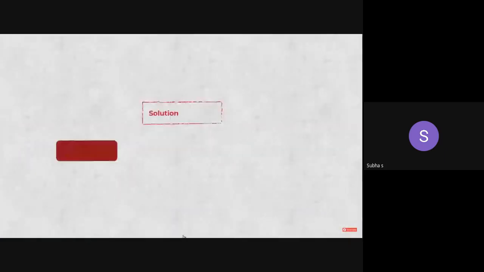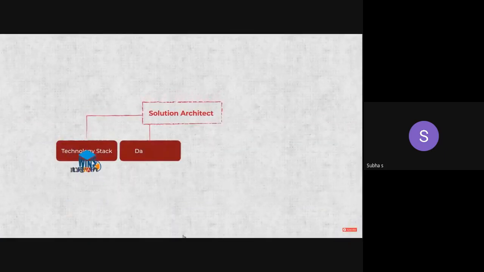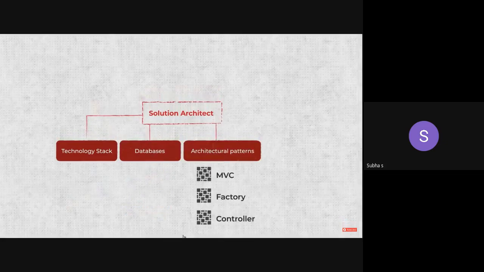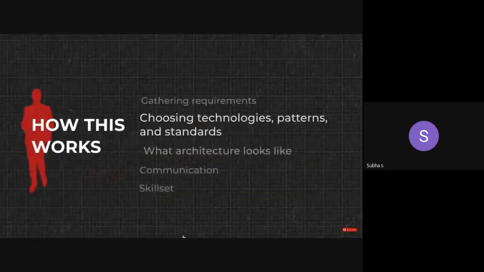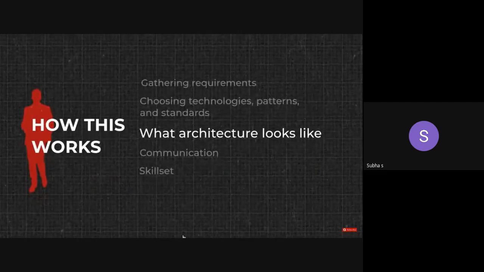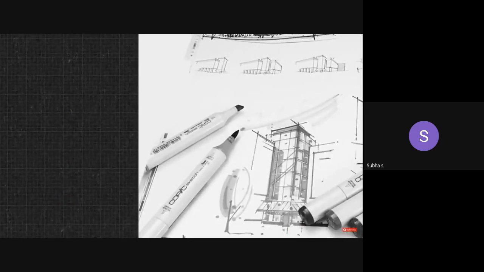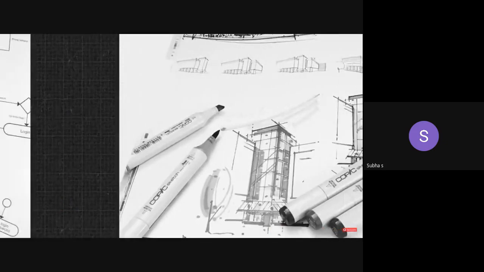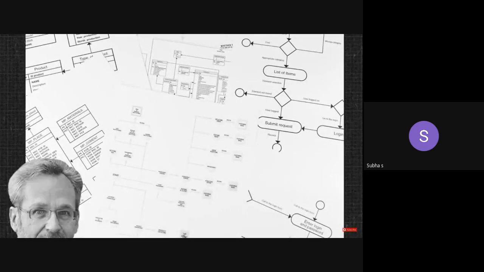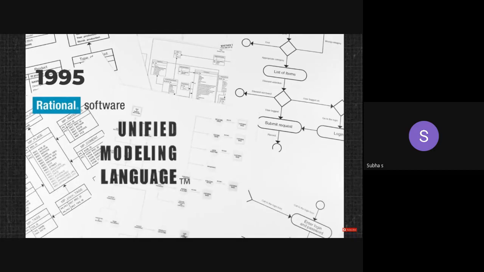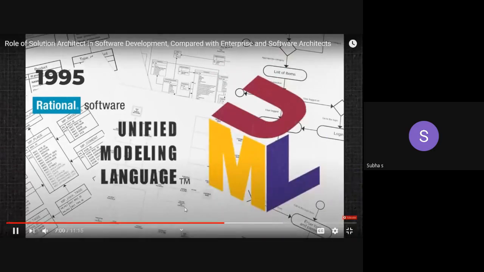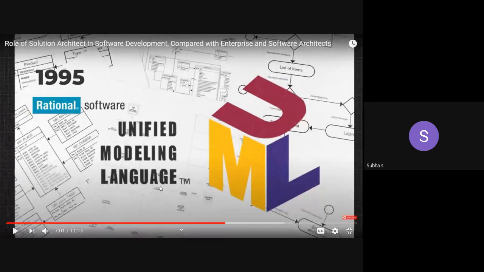An architect decides technology stack, databases, architectural patterns, standards, and more. But where's the architecture? What is that exactly? Construction architects have concepts and plans. Solution architects have diagrams. Now remember Rational Software. In 1995, they suggested Unified Modeling Language, or UML. UML is a language.